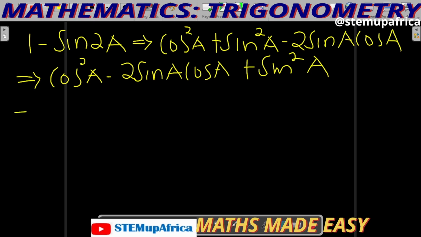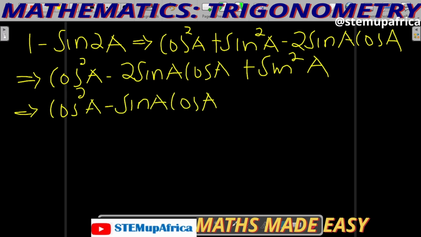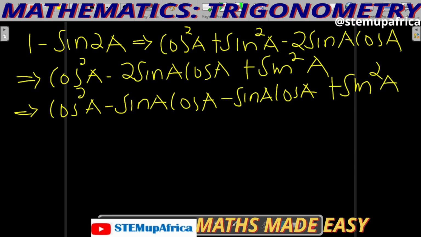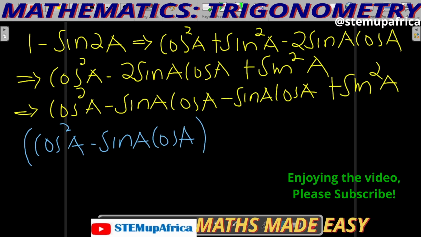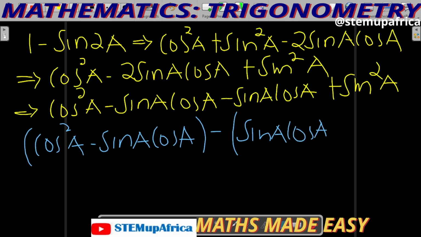So I'm going to have this as cos square A minus sine A cos A minus sine A cos A plus sine square A. Similar process, let's bracket the first two: open bracket cos square A minus sine A cos A, and also the last two: sine A cos A minus sine square A.